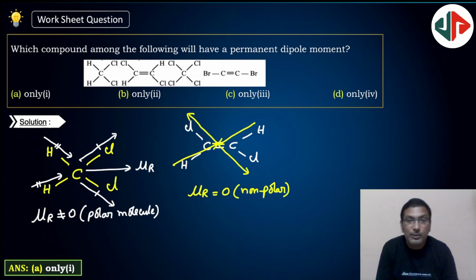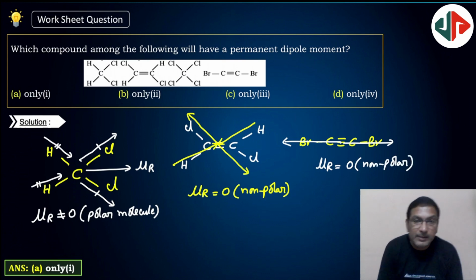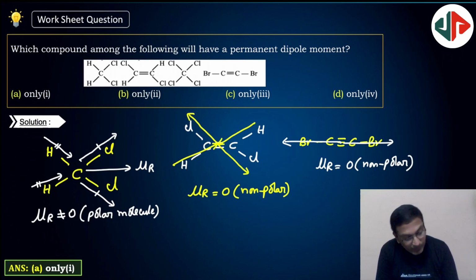There will be no dipole moment for this molecule. Similarly, this is the center of the molecule. Resultant dipole moment equal to 0. Non-polar. There will be no dipole moment for non-polar molecules. For polar molecules, there will be dipole moment. Therefore, option 1 has permanent dipole moment.